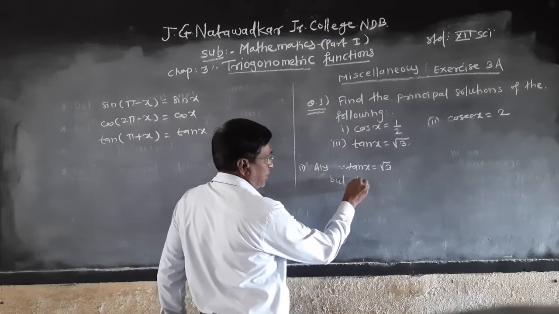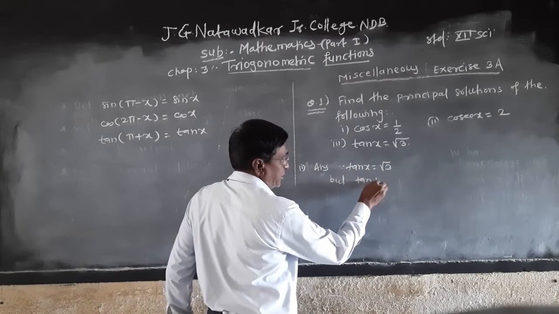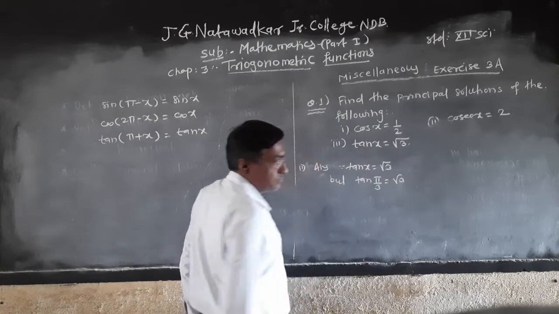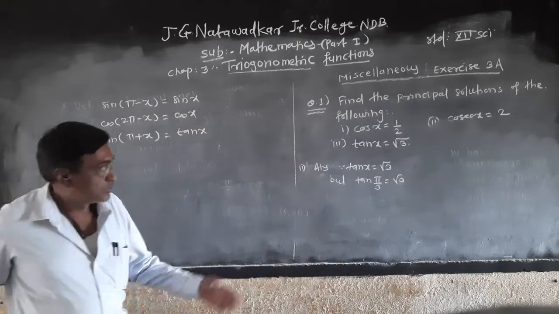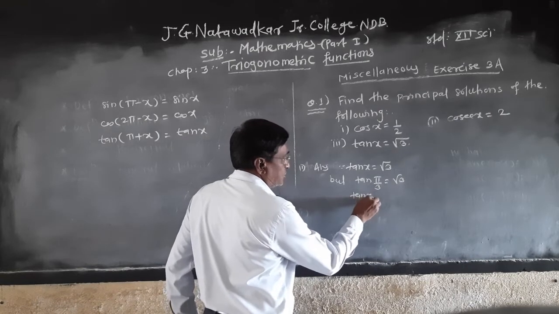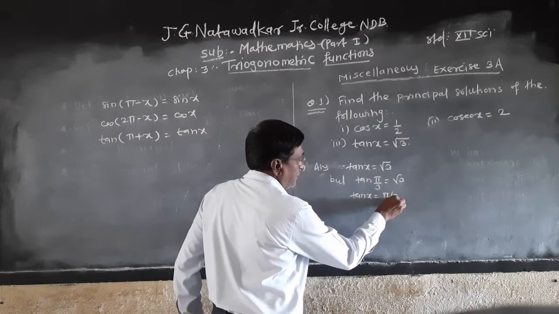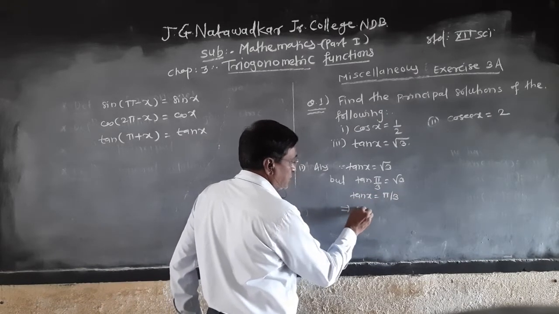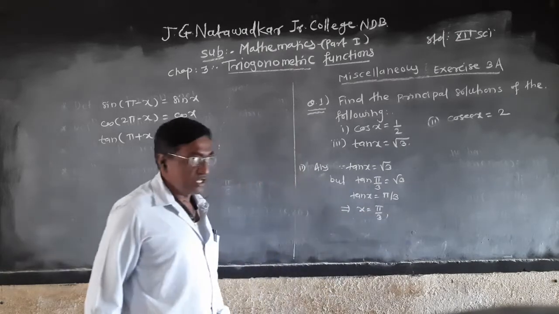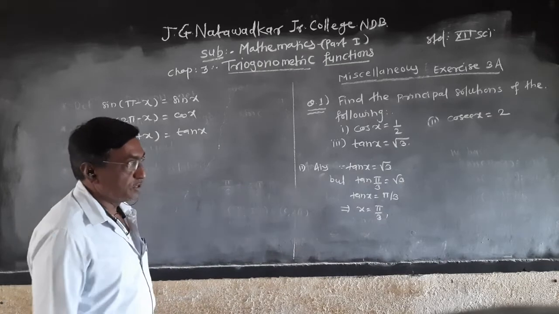We know that tan of 60 degrees, means pi by 3, is root 3, and tan x is equal to root 3 also. So by comparing both equations, we get tan x is equal to tan pi by 3, and therefore x is equal to pi by 3. And this pi by 3 is greater than 0 and less than 2 pi, that's why it is also a principal solution.